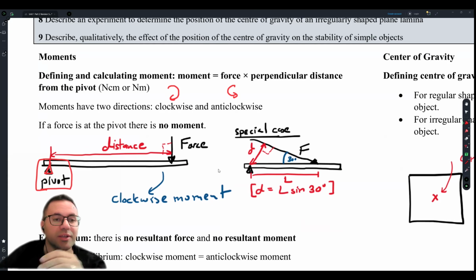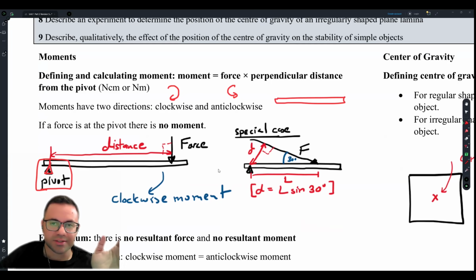Now, if you have trouble figuring out if something is going to rotate clockwise or anti-clockwise, my piece of advice is always this. If you have a diagram like this, and here's your pivot, and I give you a bunch of forces, let's call this F1, and let's call this F2.